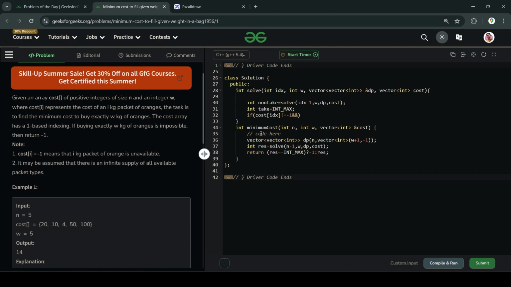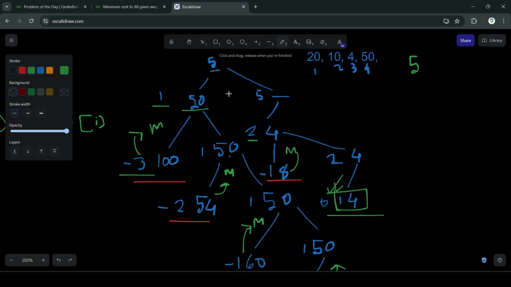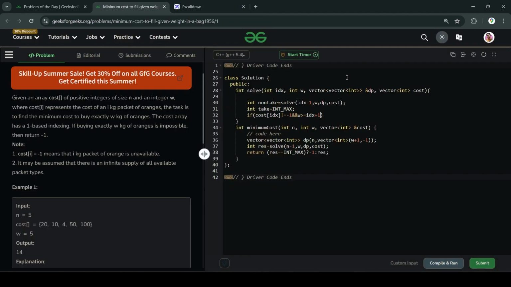Okay, so moving backward, and there is another condition, that is the value of the current weight should always be greater than or equal to idx plus 1. Why idx plus 1? Because we have to check if I can afford that much weight in our bag or not. If that is going to be negative, then we cannot take that. I've already told you in that diagram. Okay.